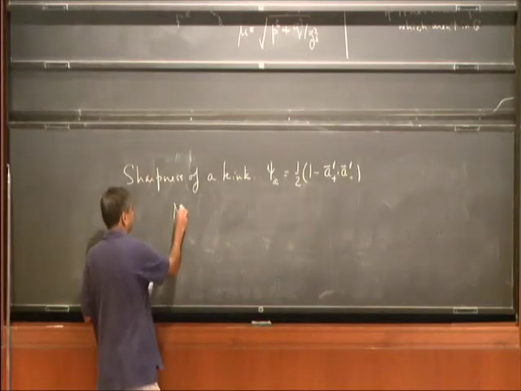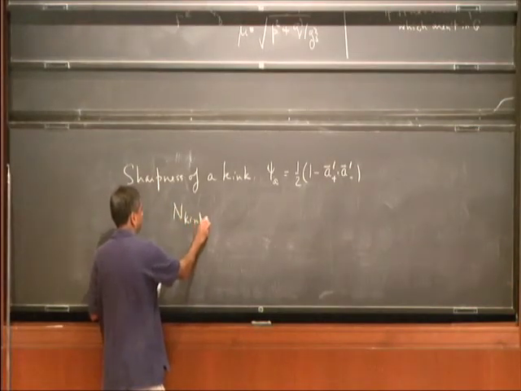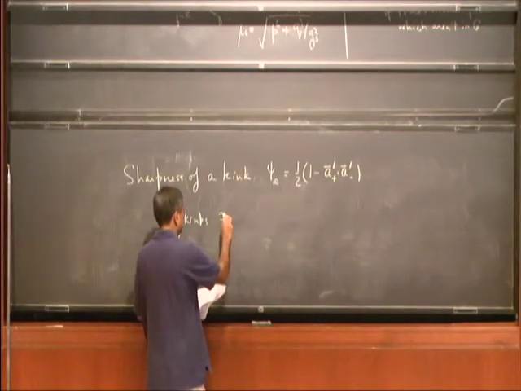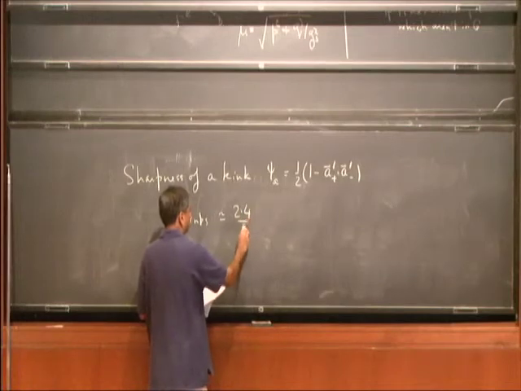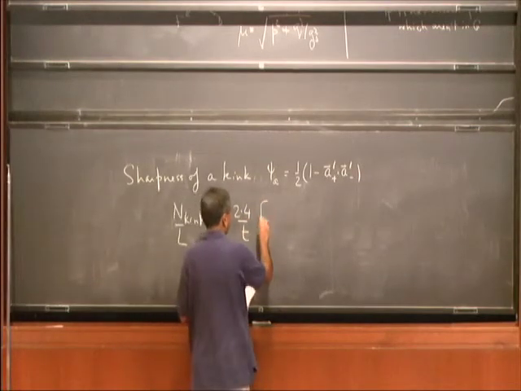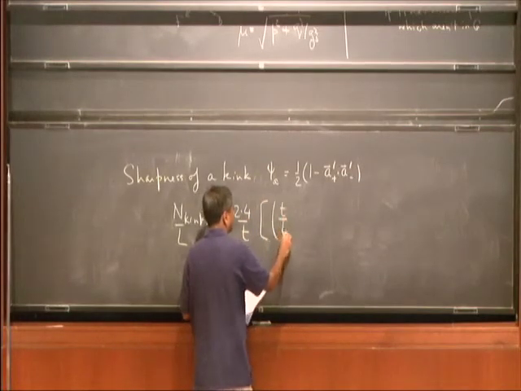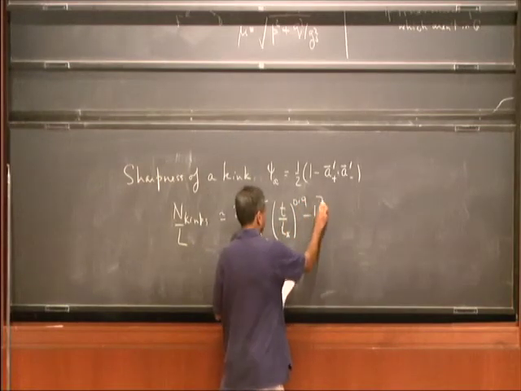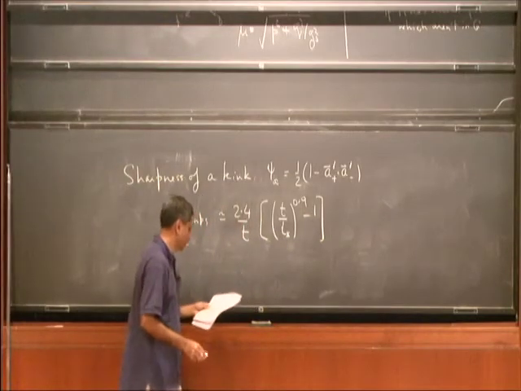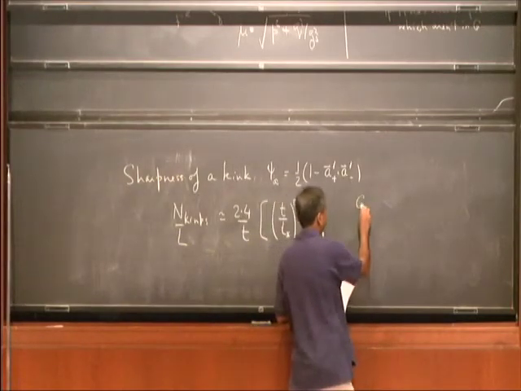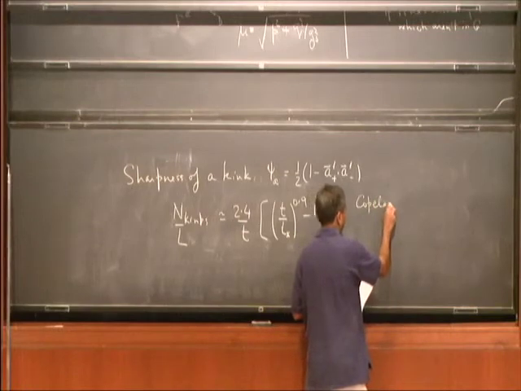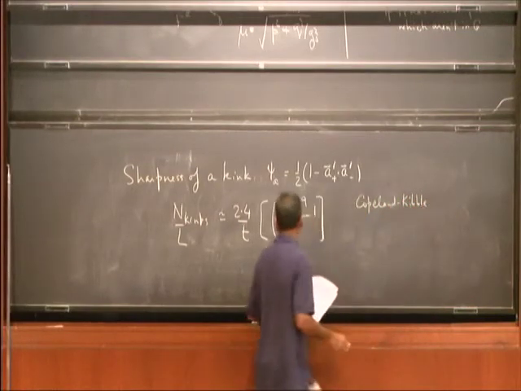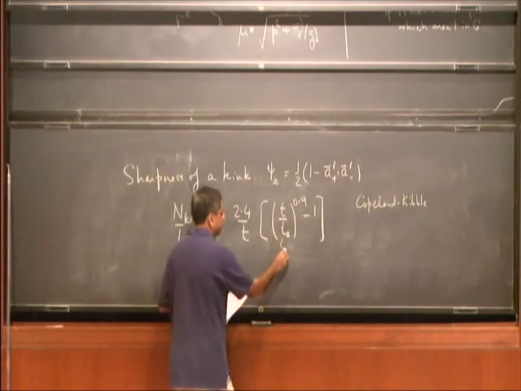In fact, the number of kinks per unit length is something like 2.4 by t by t star to the 0.9. This is work by Copeland and Kibble. And t star here is some early time.